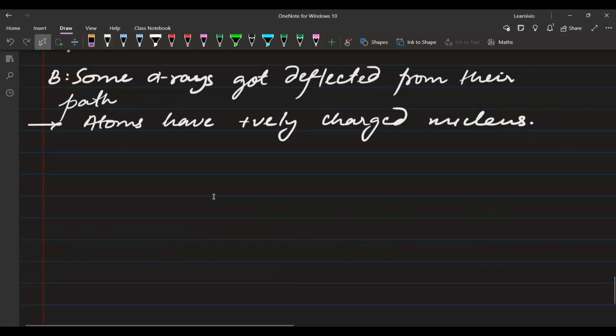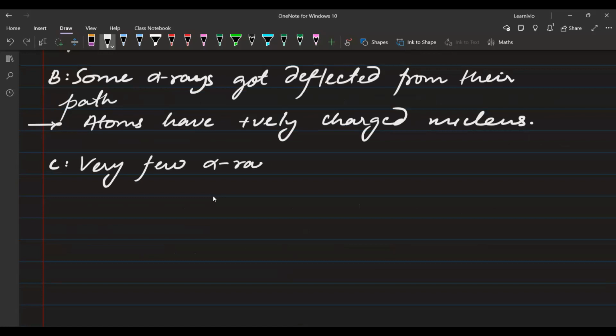Point C. When we are at C, what is happening at point C? Very few alpha rays bounced back.